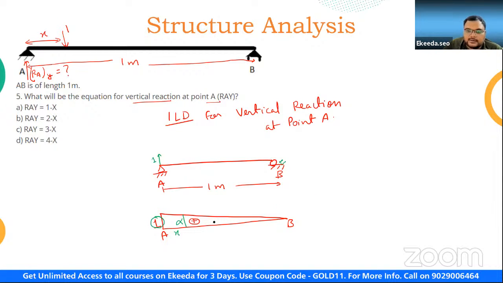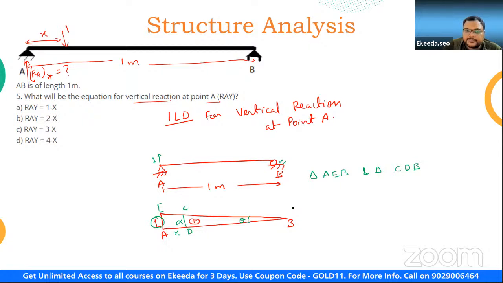See here, let us use the similar triangle concept. Let us say this is point C, this is D, and this is E. In triangle AEB and triangle CDB, see these two triangles. These two are similar triangles, right?